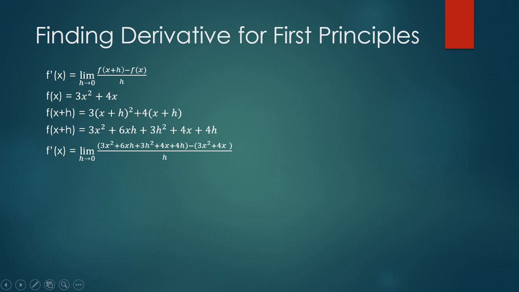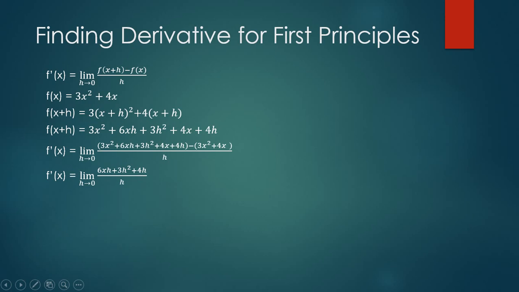It's usually good to put them in brackets, especially the f of x, because this minus here needs to be distributed. If you don't, you might leave it and say minus 3x squared plus 4x and not distribute the minus. Alright, so simplifying gives 6xh plus 3h squared plus 4h.